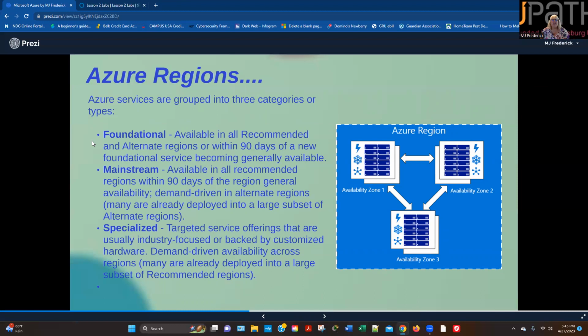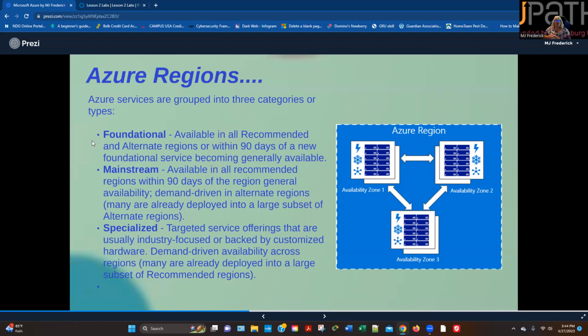So again, the demand is the demand there. Many are already deployed into what's called a large subset of that alternate region. So you could have little subsets. And then the specialized are targeting services that are usually industry focused or backed by certain customized hardware that's necessary.